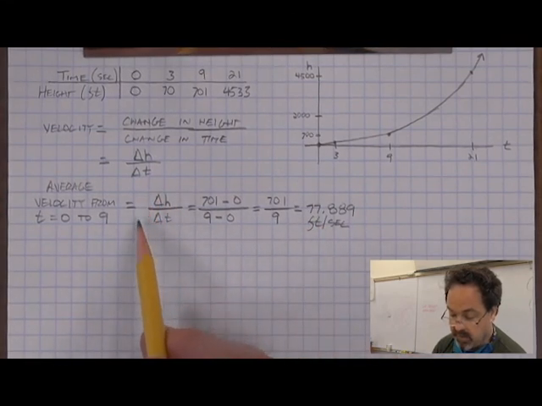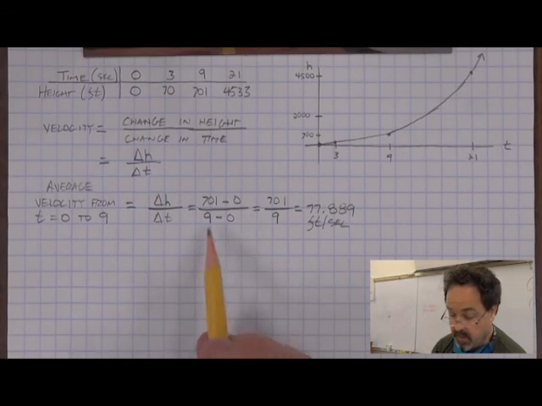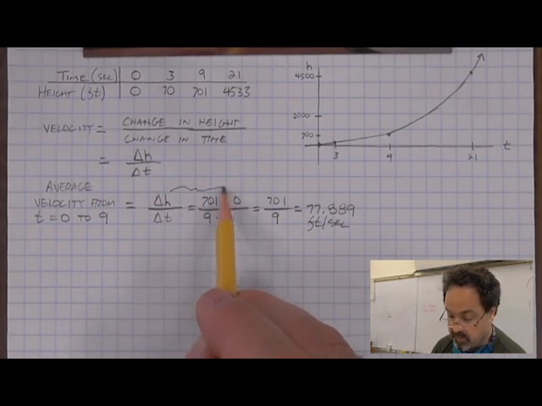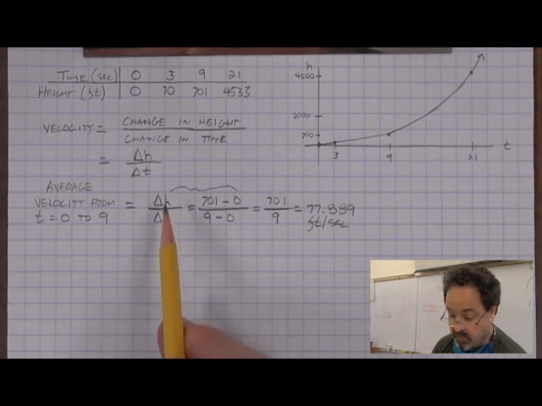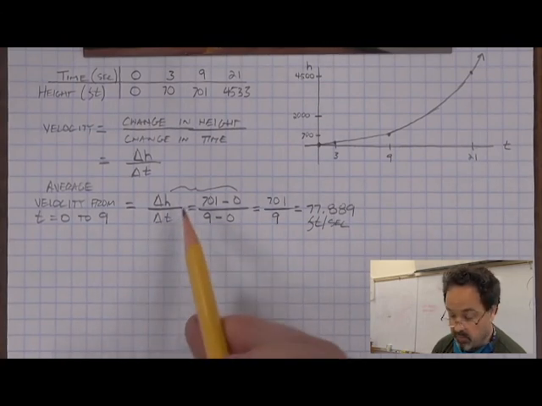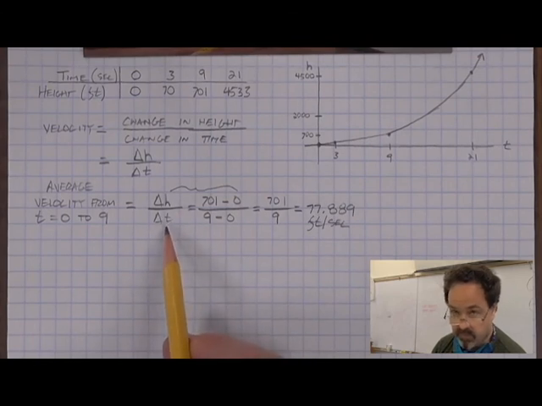Now this delta H over delta T, this calculation hopefully looks familiar. This right here is a slope calculation. Rise over run, or the change in the vertical information divided by the change in the horizontal information, is the slope calculation.